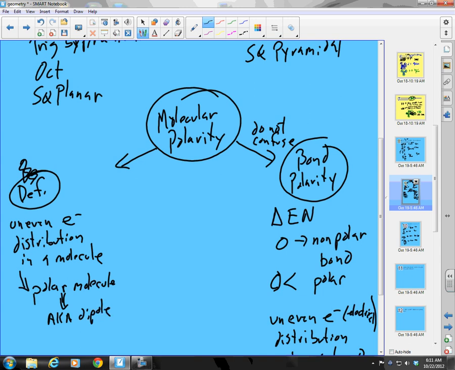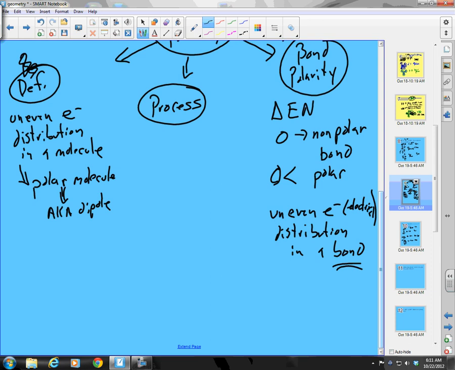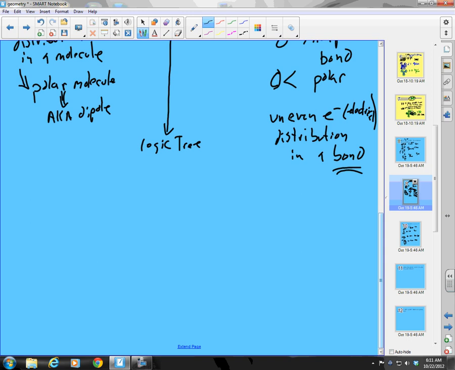Good. So now, how do I determine molecular polarity? What's the process? Now, the way I like to do this is I use a logic tree, meaning I'm going to place a question and then place some other questions, and that'll give me the answer. So here's how I would do this. The first question is: shape symmetric?